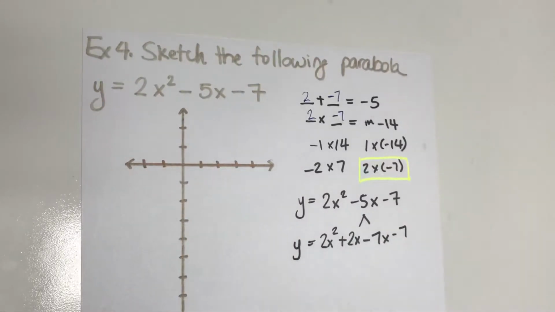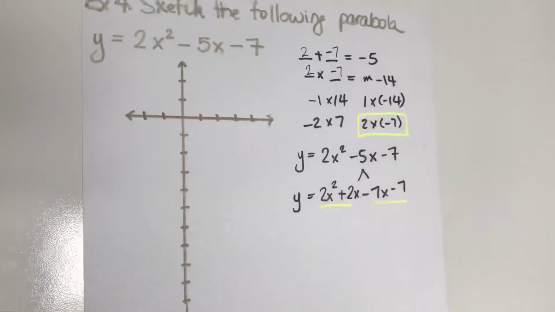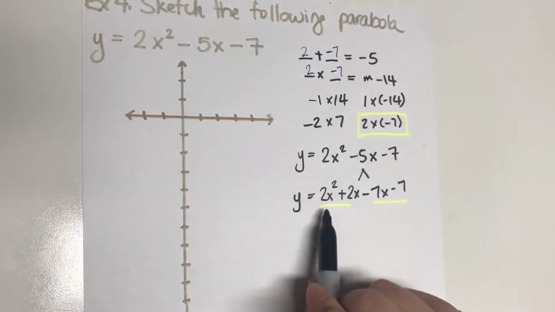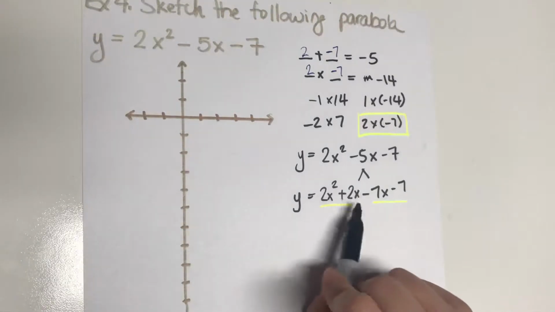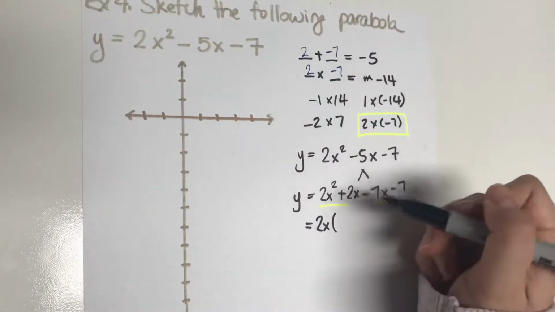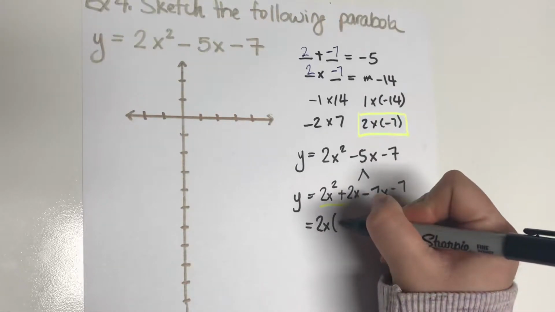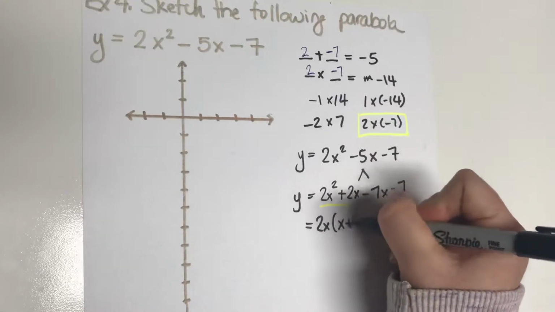Okay, next I'm going to factor by grouping these two together and these two together, and factor out a common factor. Here they both have a 2 in common and they have an x in common. So I'm going to factor out 2x, and I'm left with x, and dividing this by 2x, I'm left with 1.